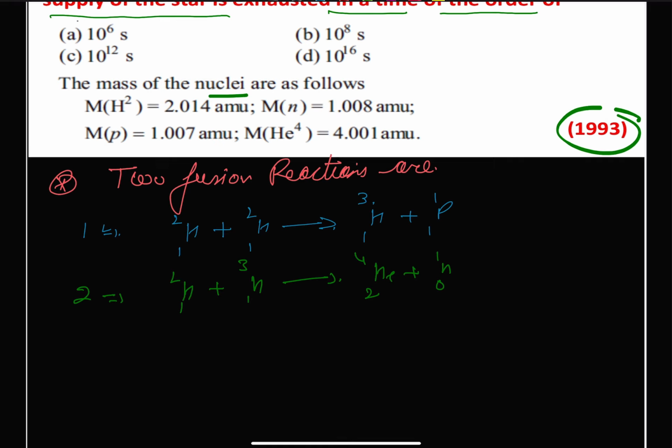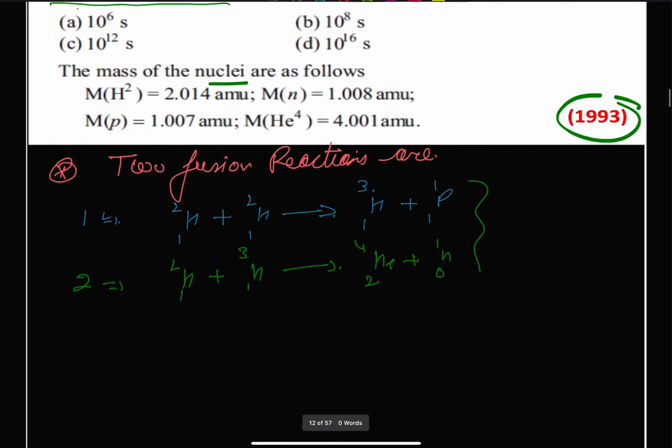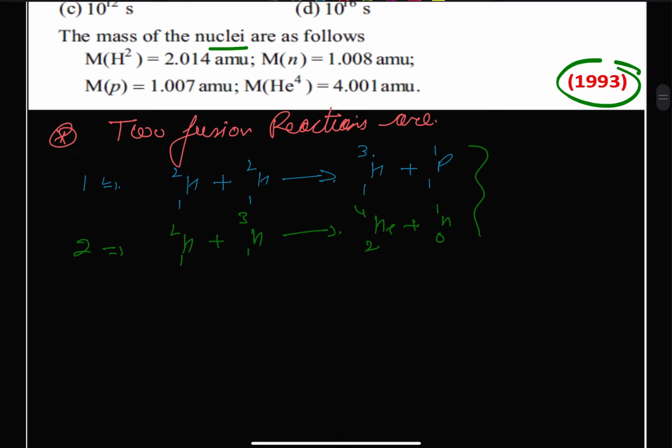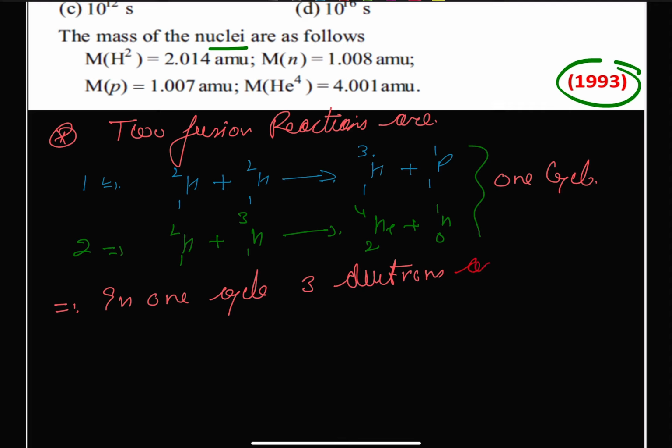So in these two reactions we can clearly see a total of 3 deuterons are consumed. This entire thing is our one cycle. So you can see in one cycle three are consumed.